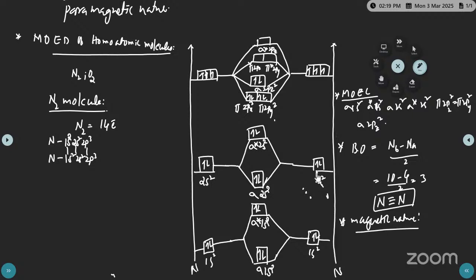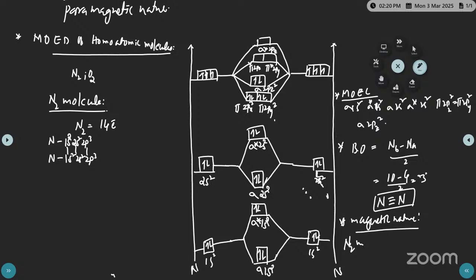So how are the electrons in the molecular orbitals? Are these electrons paired or unpaired? Paired. So this nitrogen molecule possesses diamagnetic nature.